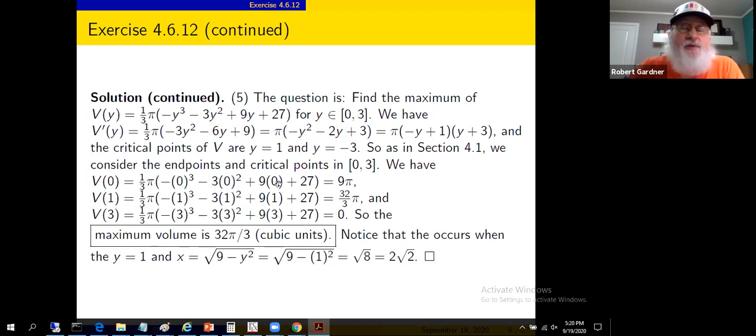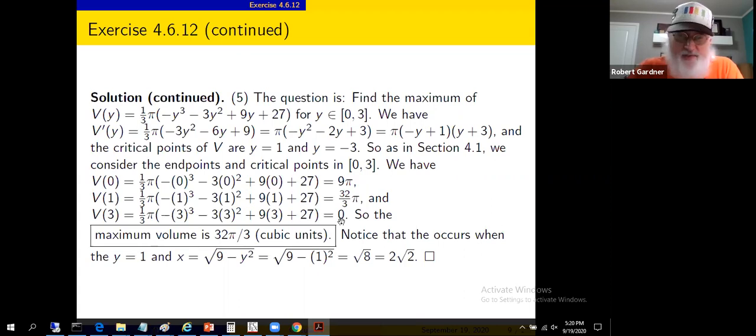They got parentheses around them where they were substituted. Produces 27 times 1/3 pi is 9 pi. Plug 1 in. Produces 32 over 3 pi. By the way, what's that? 10 and 2/3 pi. It's bigger than this. And when we plug 3 in, we get 0 out.